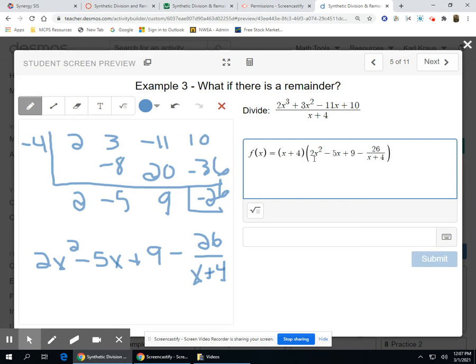You don't usually see this written this way, so sometimes you just ask for the quotient here.